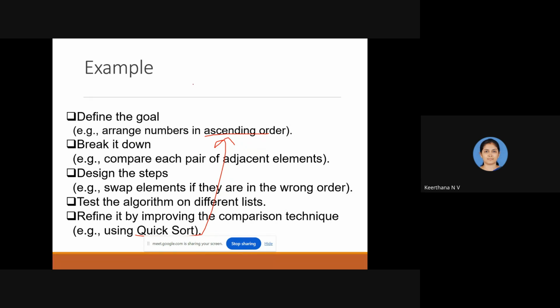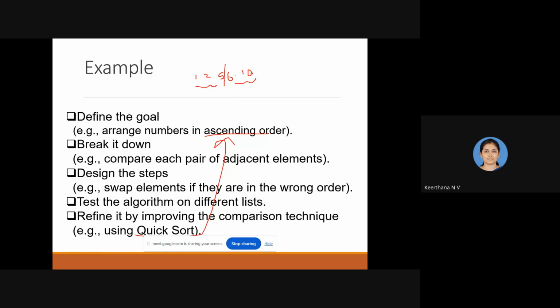It means that if you have 10 elements, 1 up to 10, you will divide them into 5. That is, 1 to 5 is one adjacent pair and 6 to 10 is my second adjacent pair. So you are breaking down the problem into 2 modules, right? So you will be comparing these 2 modules.